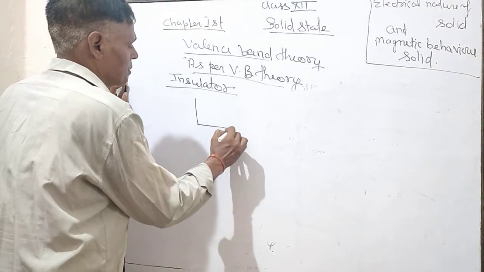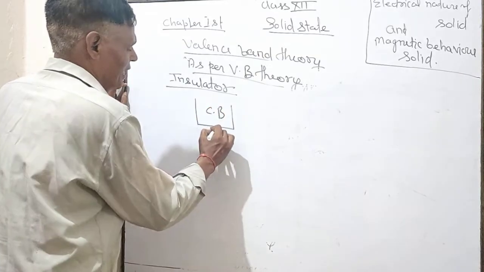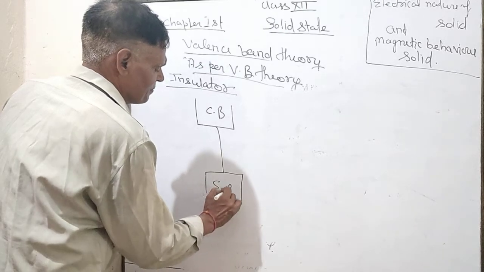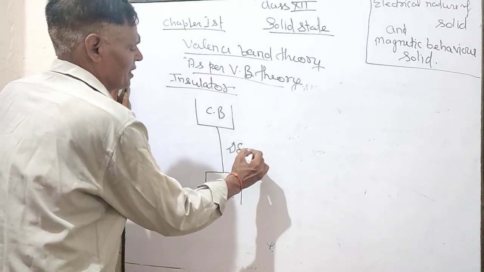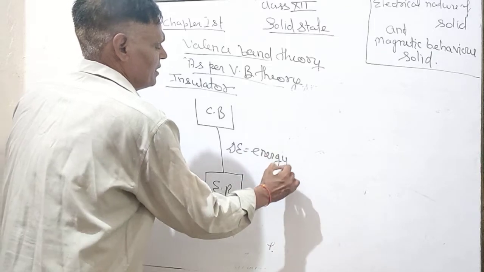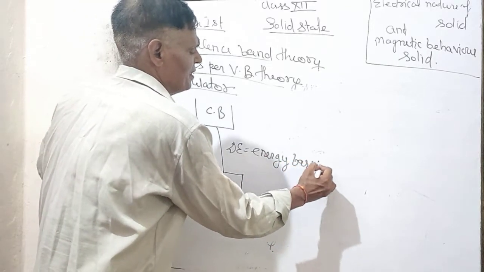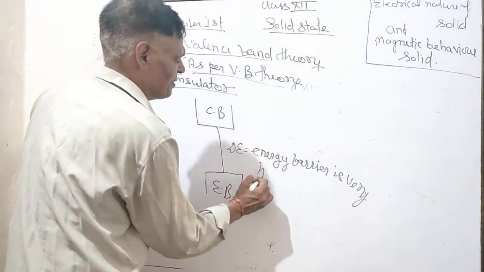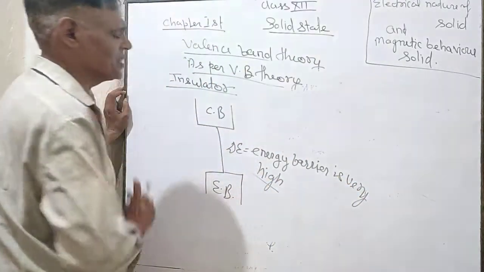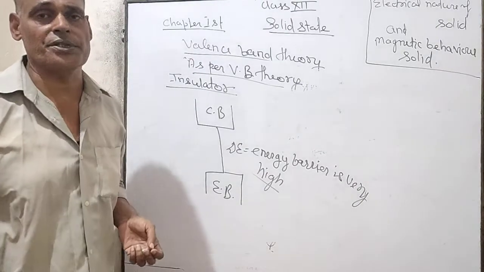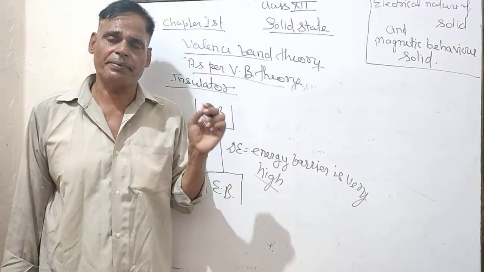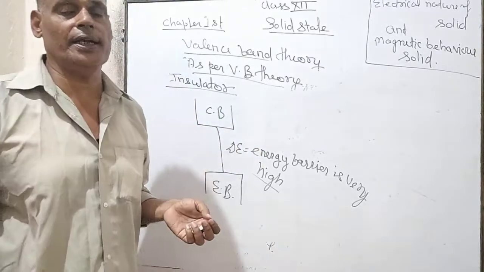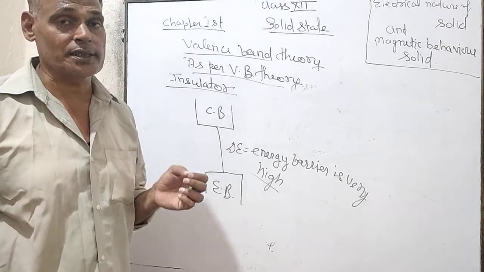This is your delta E. The energy barrier is very high, and that's the reason for calling it an insulator. Always remember that theoretically it is not possible that any substance can't conduct electricity.